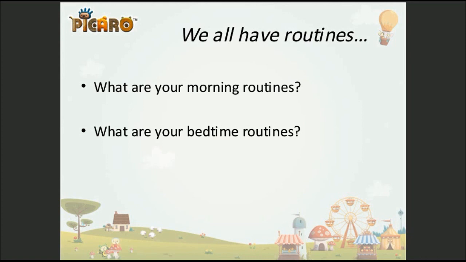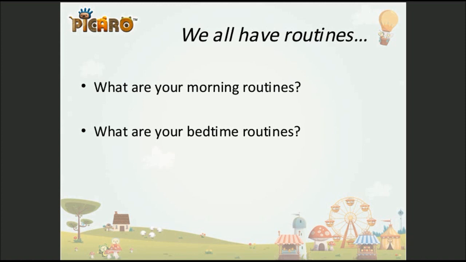Here's the first little chance to talk to the person next to you if you have someone next to you. If you don't, just take a moment to reflect on this and think about what your routines are. What are the things that you do in the same order every morning, every evening? There may be slight variations, but variations are easier to make once you already have a set routine.